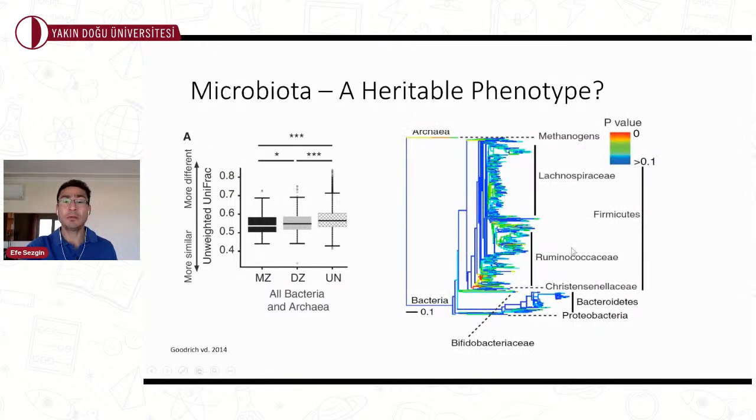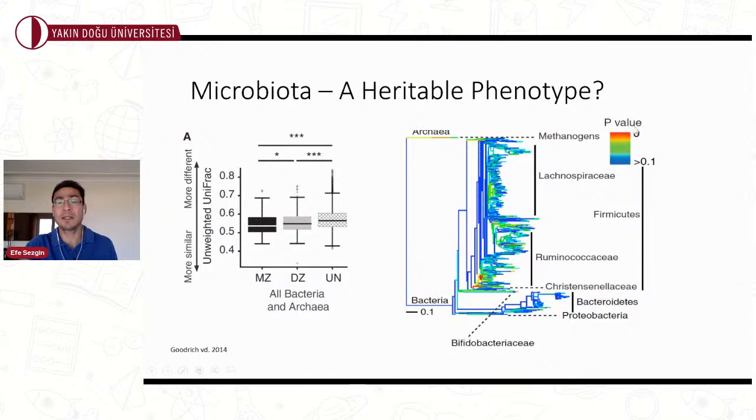So what is heritable? Because microbiota is a strange concept; we are looking at thousands of taxa in an environment, here the gut environment. They looked at the taxonomic relationships, made a phylogenetic tree, and colored the heritability of each taxon.